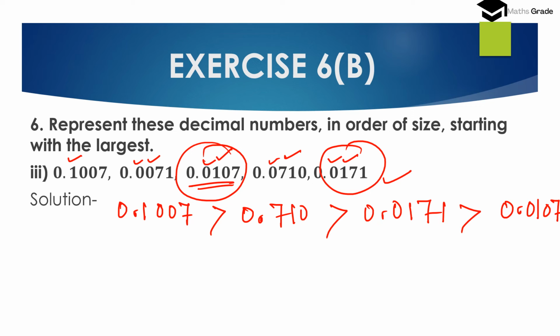Then after 1, here 0. So the smallest decimal is 0.0071.